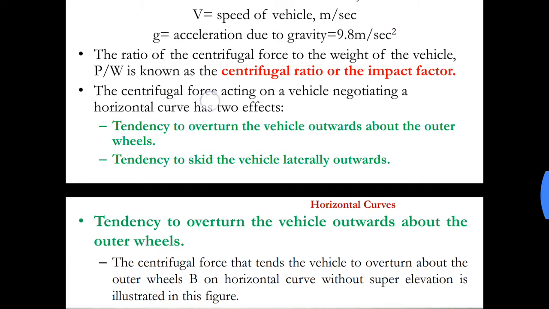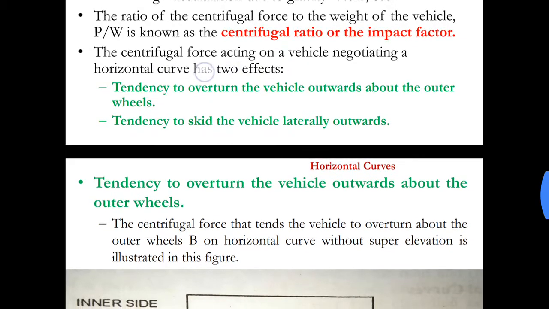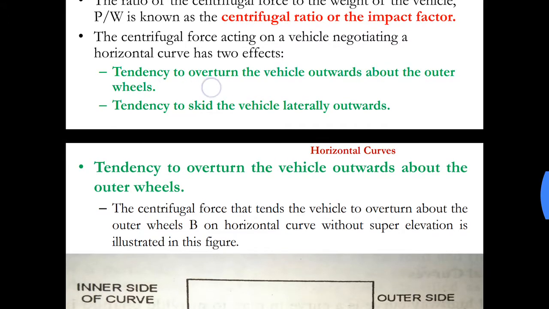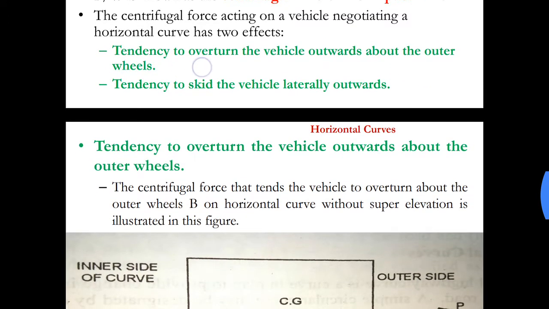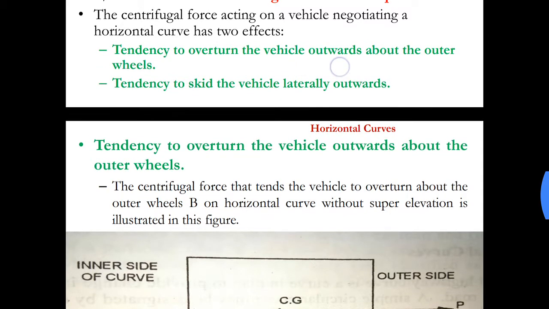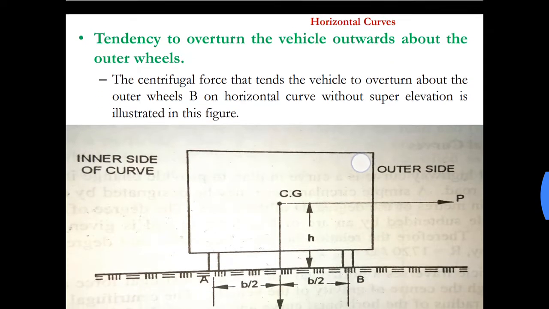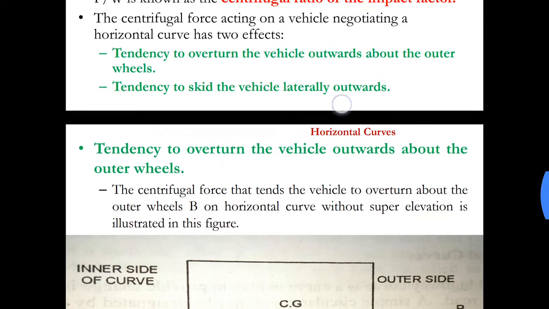The centrifugal force acting on a vehicle negotiating a horizontal curve has two effects. Due to the centrifugal force acting on a vehicle, there can be two conditions: the first is a tendency to overturn the vehicle outwards about the outer wheels, and the second is a tendency to skid the vehicle laterally outwards.